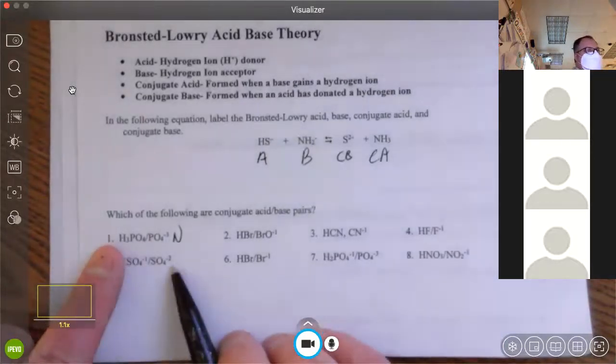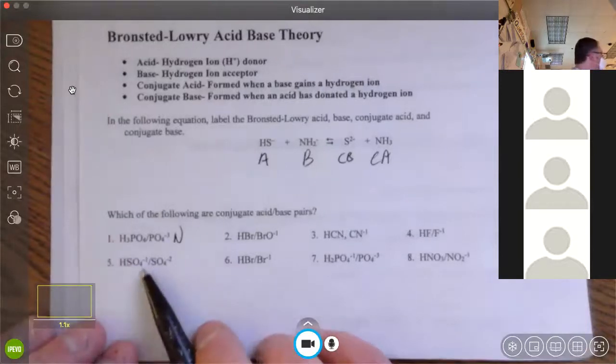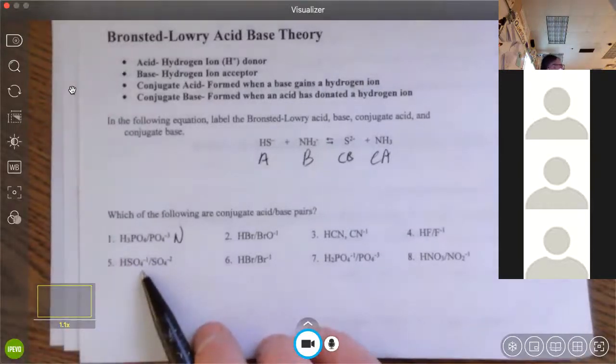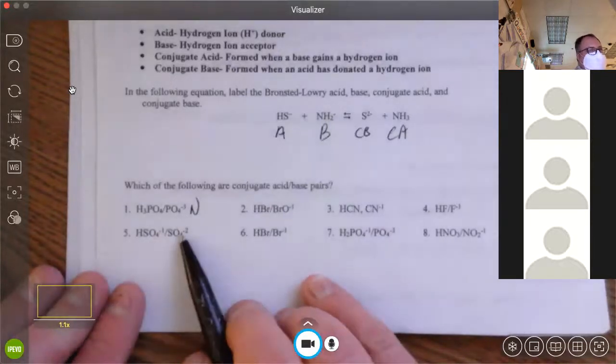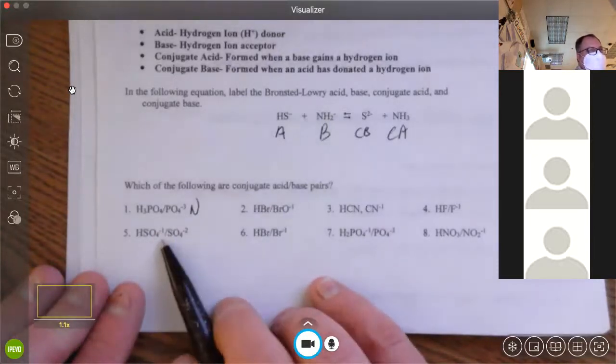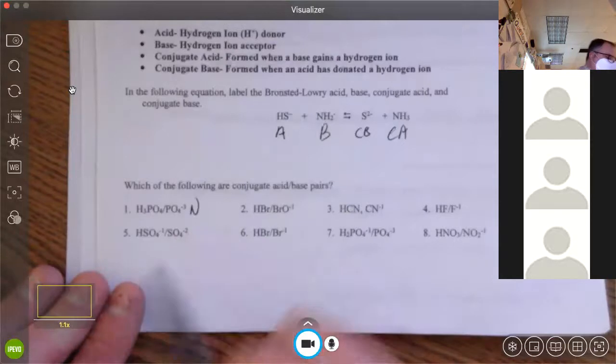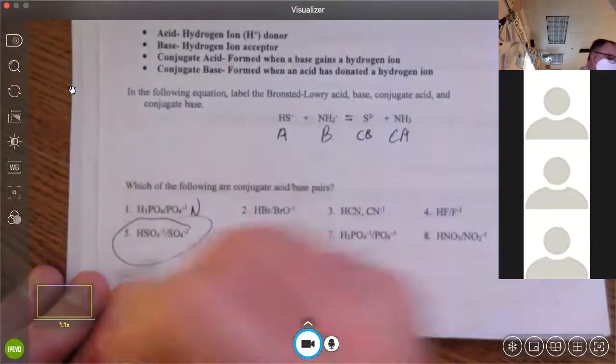SO4, HSO4. So yes, that matches. Now the second thing we've got to check is the charge. If we take away an H, we should gain a negative. So this one does not have the H, and it went from -1 to -2. So this works. That's a good one.